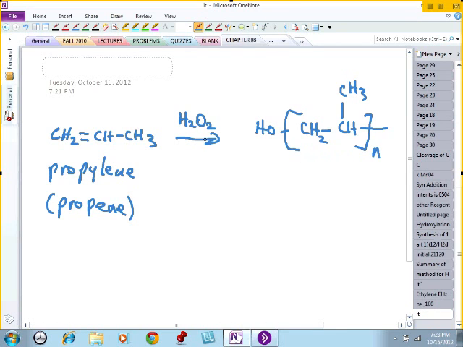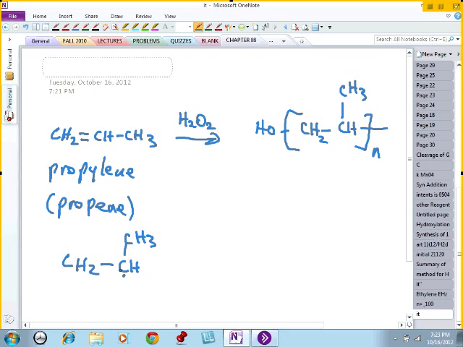Now, why do I say that? Because what happens when you form the free radical will be this free radical here. Once the peroxide, the initial free radical comes in, reacts with this, you form a free radical on this tertiary carbon, on this secondary carbon. Just as in the case of the carbocation, the more substituted free radicals are more stable than the less substituted free radicals.